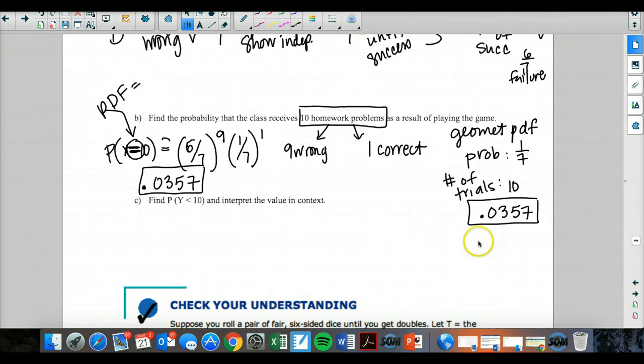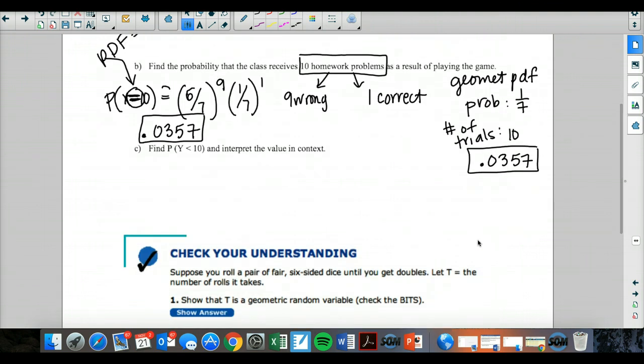Okay, the next one says find the probability that y is less than 10. So for y to be less than 10, that's really the probability that y is less than or equal to 9. So less than 10 guesses is really 9 or less. So remember, you have to have that equal to because your calculator works on the equal to.